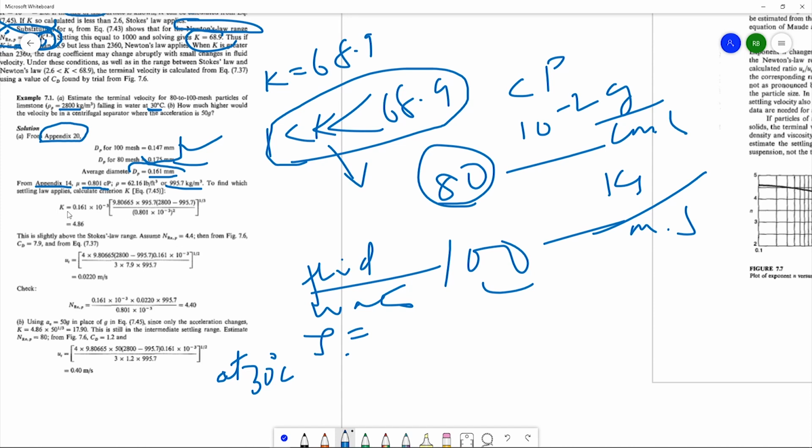First calculate the K. As you already discussed the K formula, just put all the values here. The only difference is that instead of g, you have to write 50 g, because the acceleration is 50 g. Let's check what the formula was.